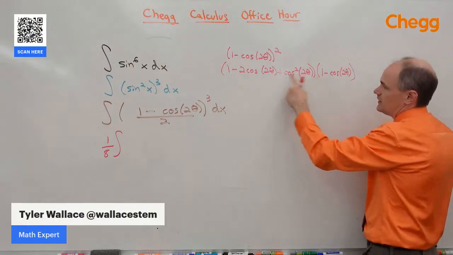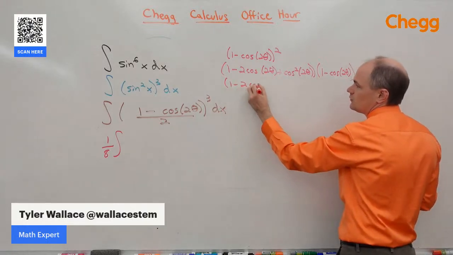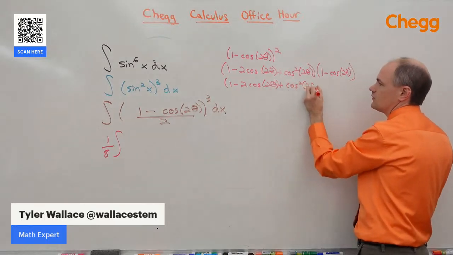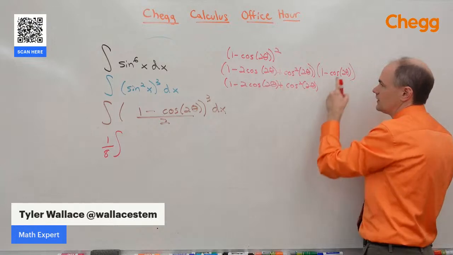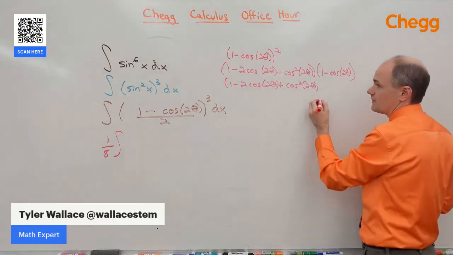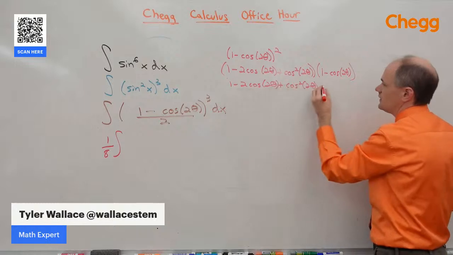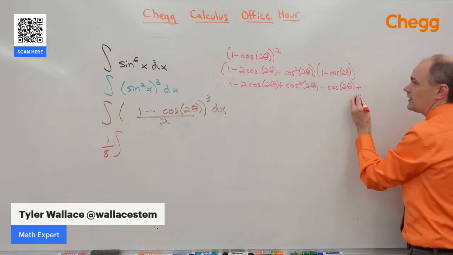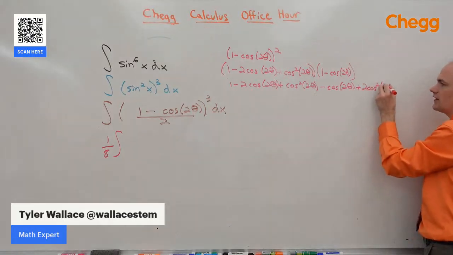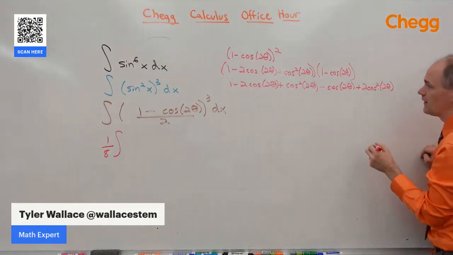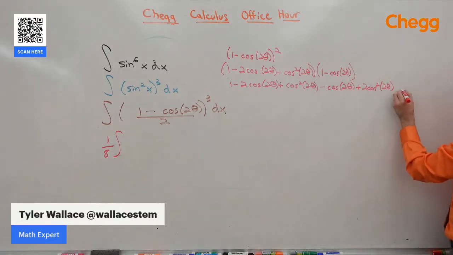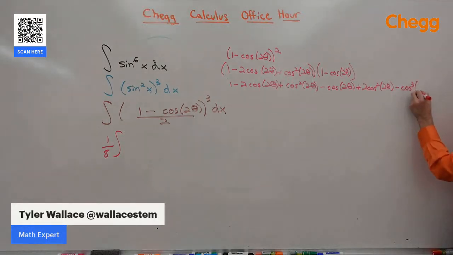That's going to be 1 minus 2 cosine 2 theta plus cosine squared of 2 theta when we distribute the 1 through. Then we'll distribute the negative cosine through: negative cosine of 2 theta, positive 2 cosine squared of 2 theta, negative cosine cubed of 2 theta.